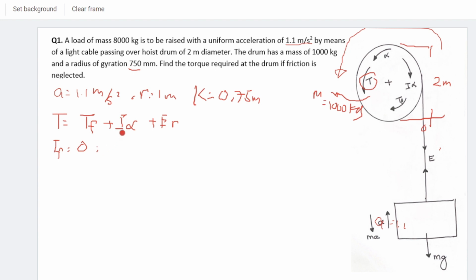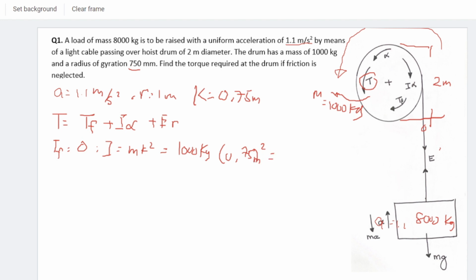Now, how about the moment of inertia? Moment of inertia is just equal to mk squared. What is our mass? 1,000 kilogram. That is the mass of the hoist. The mass of the block here is 1,000 kilogram. K is 0.75 squared, it should be in meter.